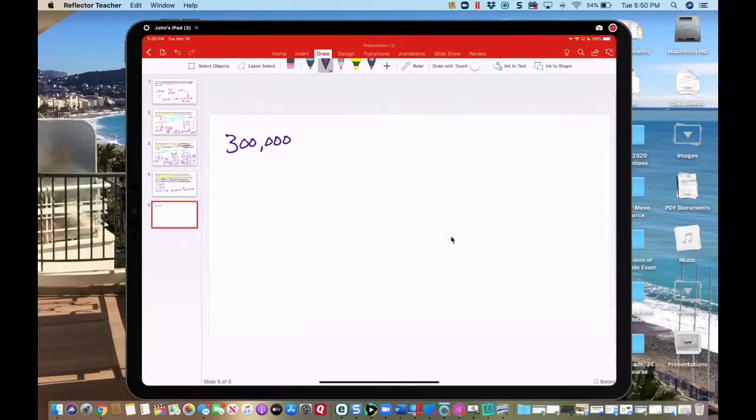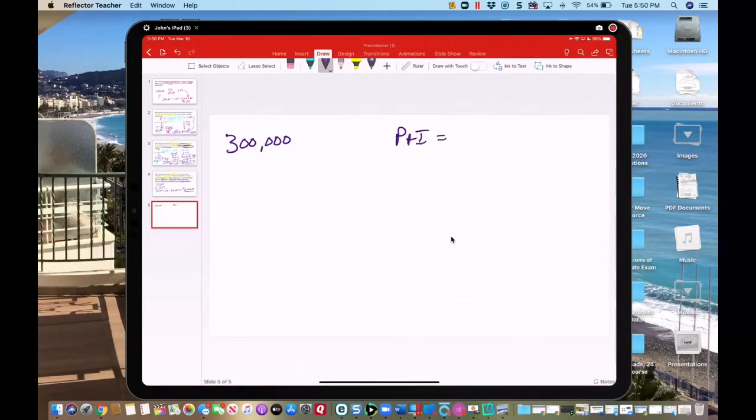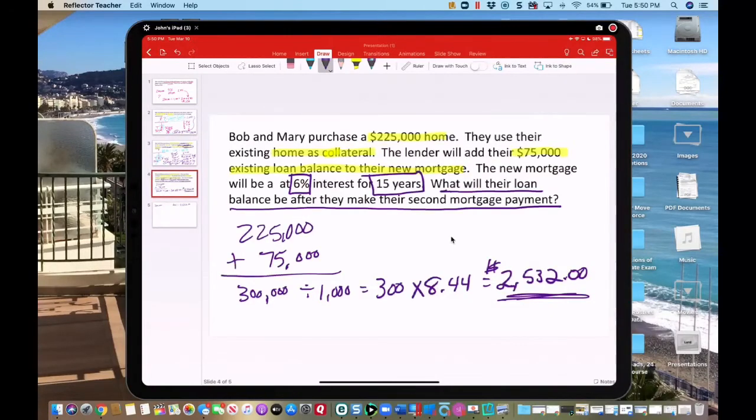We know that the principal and interest payment equals $2,532. So let's put that in. And we also know from the previous problem that it's 6% interest for 15 years. Really don't need to worry about the 15 years, but we do need this 6% interest.